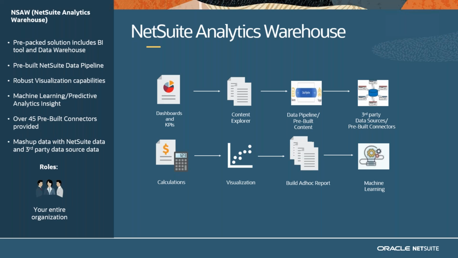And then I'll go through and show how you can use those different visualizations. I'll actually go through and build a report on the fly and show you how easy it is to use the Analytic Warehouse. And then we'll wrap up with some of the machine learning and AI capabilities. You'll find with the product, there's quite a bit of exciting new features that we've added into NSAW when it comes to AI.